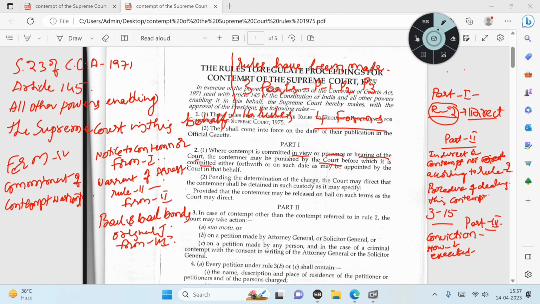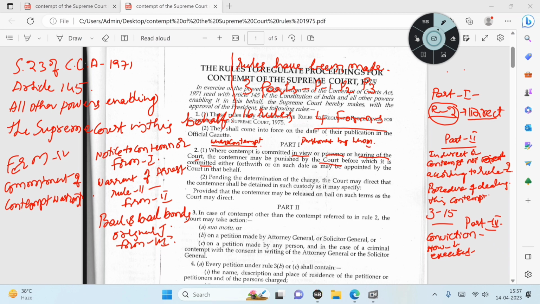Where is the contempt committed? Punishment by whom?